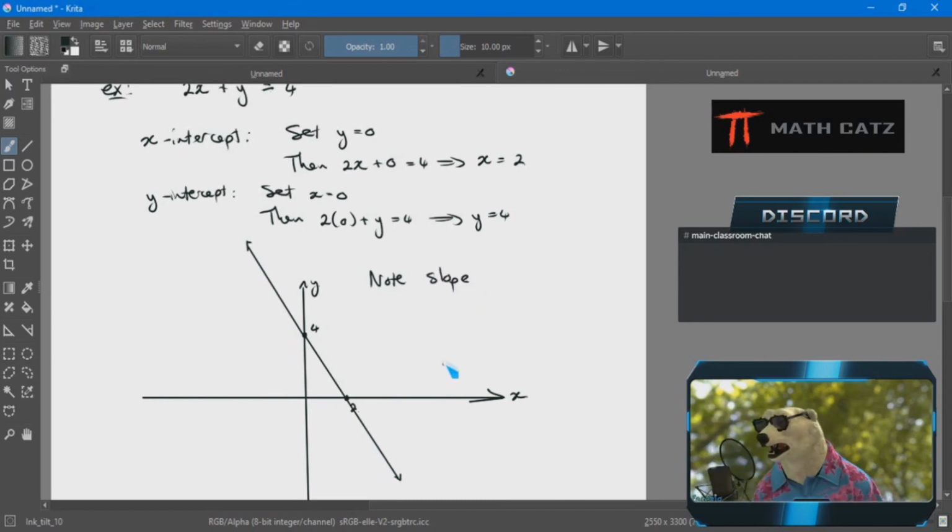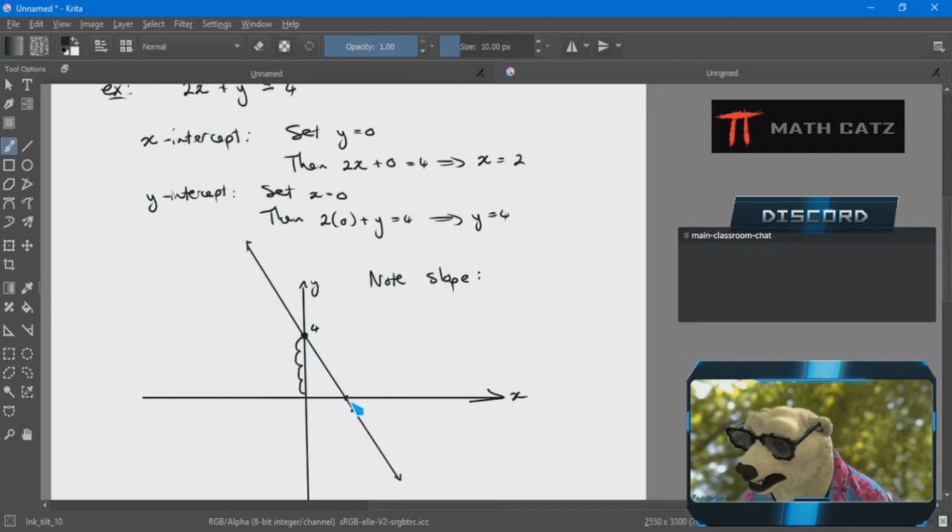All right, so I want to note one important aspect of this linear equation, this straight line graph, and I'm going to call that the slope. The slope is an indication of how steep this line is, the angle that it makes with the x-axis and the y-axis. And we're going to define the slope as the change that I have to make in the y value, in this case 1, 2, 3, 4, for example.